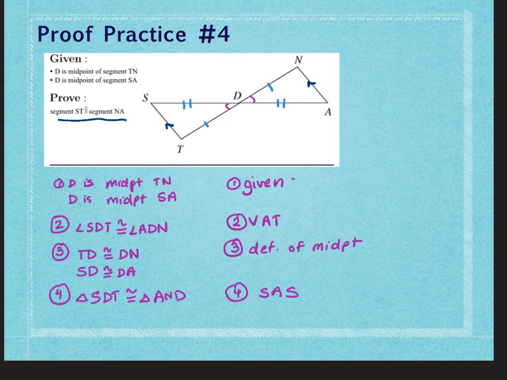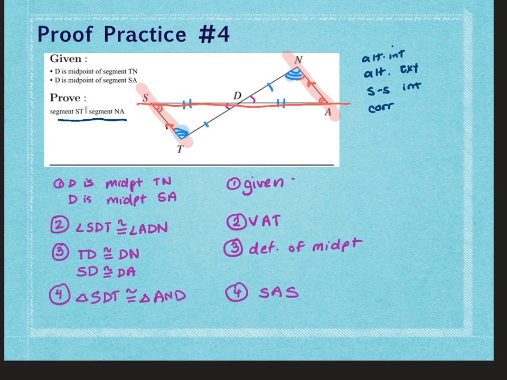So if you remember your parallel proof, it was either alternate interior, alternate exterior, same side interior, or consecutive interior, and corresponding. So if I were to use CPCTC to identify all the pairs of corresponding angles in this diagram, obviously the vertical angles are marked, and then angle S would match angle A, angle T would match angle N. If you look at this as the transversal and these as the parallel lines, it actually doesn't matter which ones you pick.